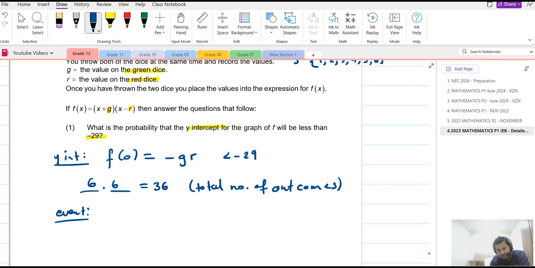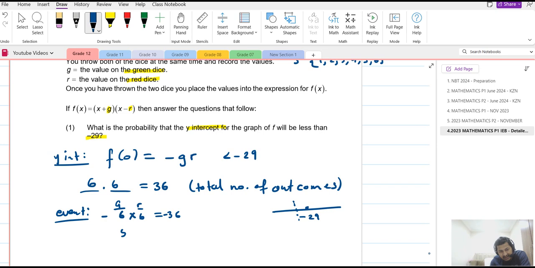Let me check. We got negative 29 here, the product on the dice of the two numbers. I can get 6 times 6, 6 on the green and 6 on the red. 6 times 6 is 36, but I'm going to put a negative in front, because the entire thing is negative, so negative 36.